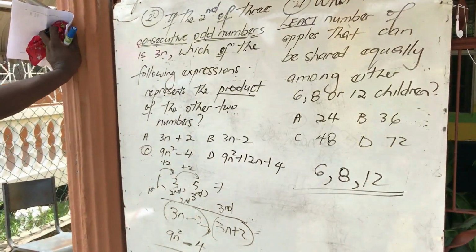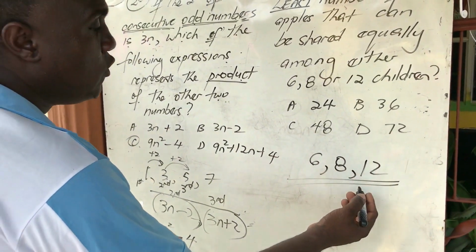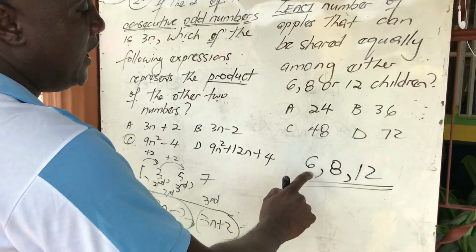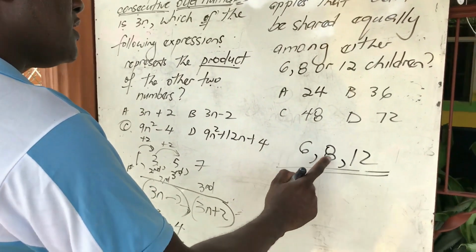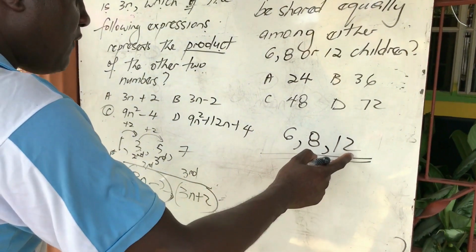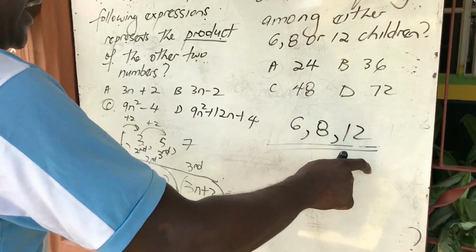Now how do we find the LCM of a set of numbers? What you can do is look for the largest number in that set. Clearly the largest number here is 12. Then you check if the others can go into 12. If they can go into 12, 12 is our LCM.